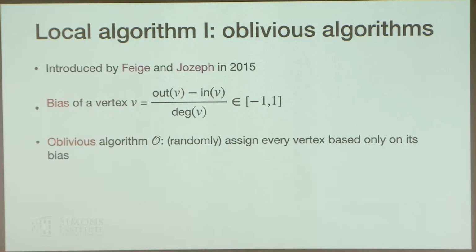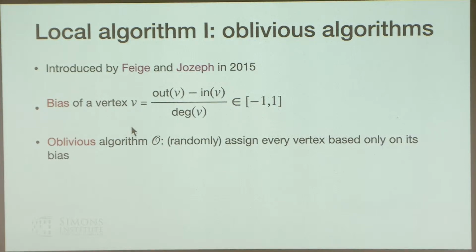Now, an oblivious algorithm is the following algorithm, where it's going to randomly assign every vertex. Basically, it's going to say this vertex belongs to the left set with some probability and the right set with some probability. And this probability is going to be only a function of its bias. So if you have some vertices of the same bias, you're allowed to randomly assign them all with the same probability. That's the constraint of an oblivious algorithm.